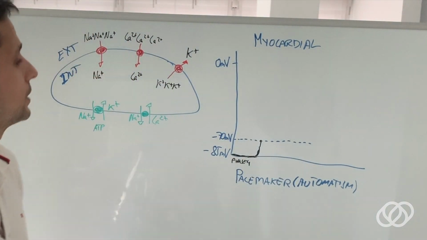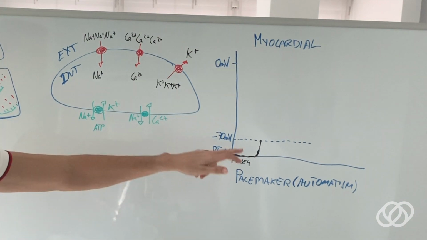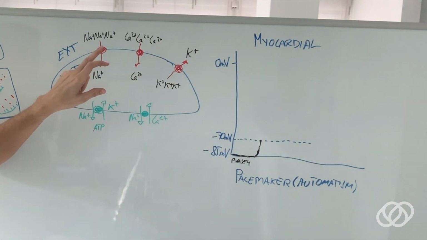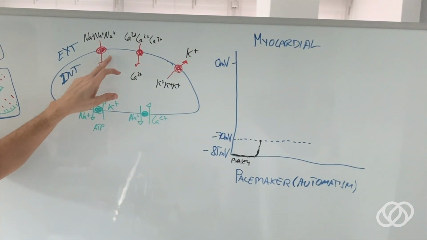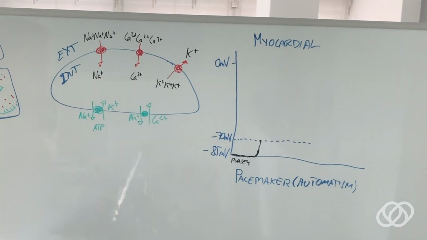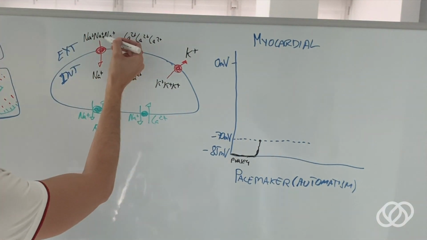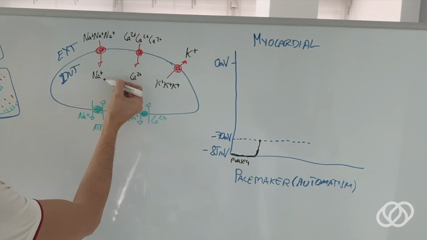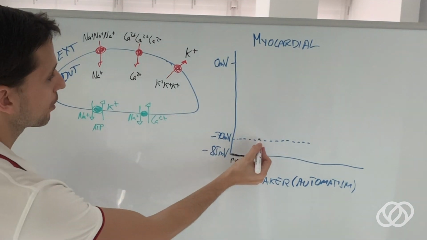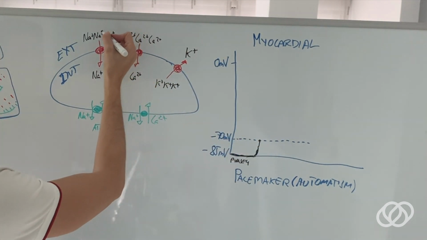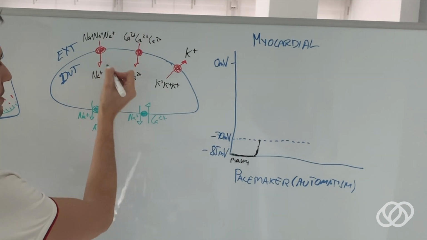Phase 0 is because some sodium channels that are called the voltage-gated sodium channels are going to open. So a lot of sodium will start entering the cell and starting the depolarization of the cell. A lot of positive cations are entering.